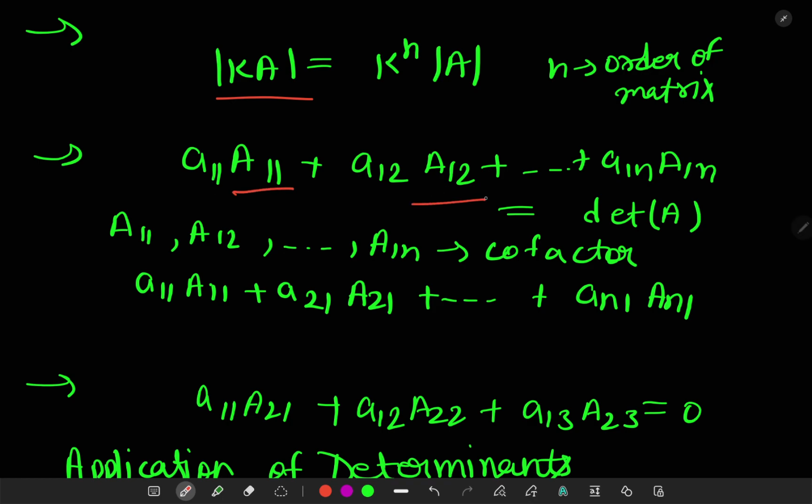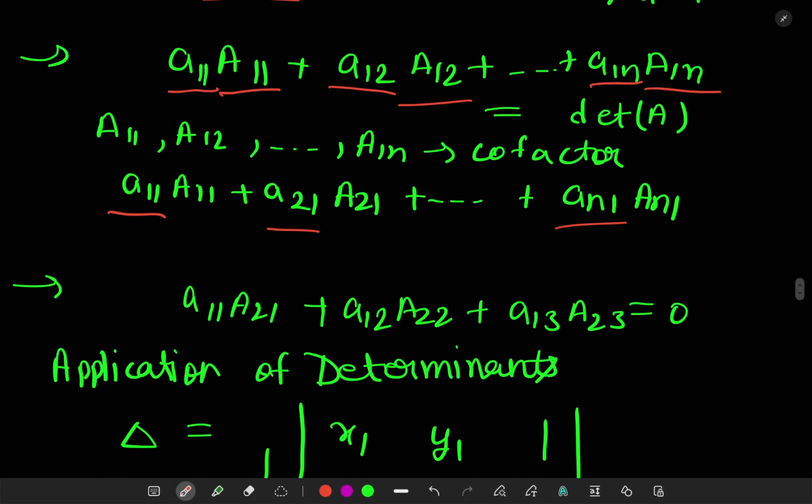Here A11, A12 and A1n are the cofactors of the matrix A, and small a11, a12 and a1n are the row elements of the matrix A. Similarly, we can do it for column: small a11, a21 and an1 are the elements of the column, and A11, A21 and An1 are the cofactors of the matrix A.